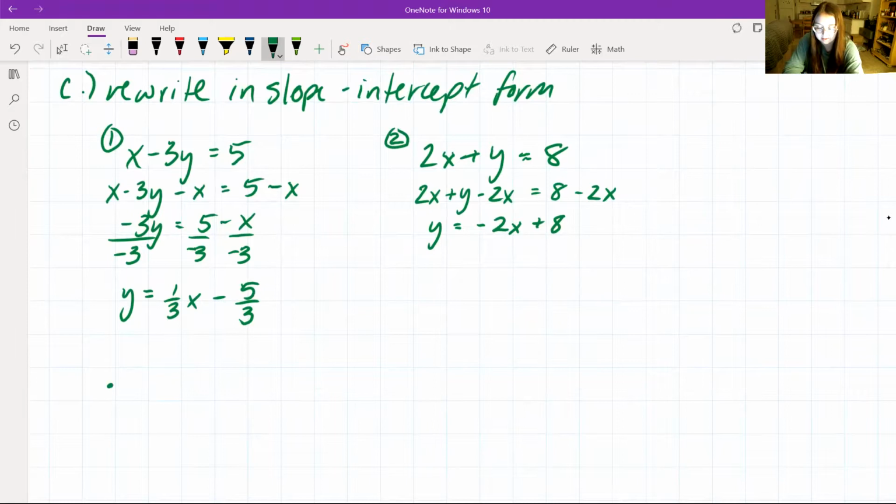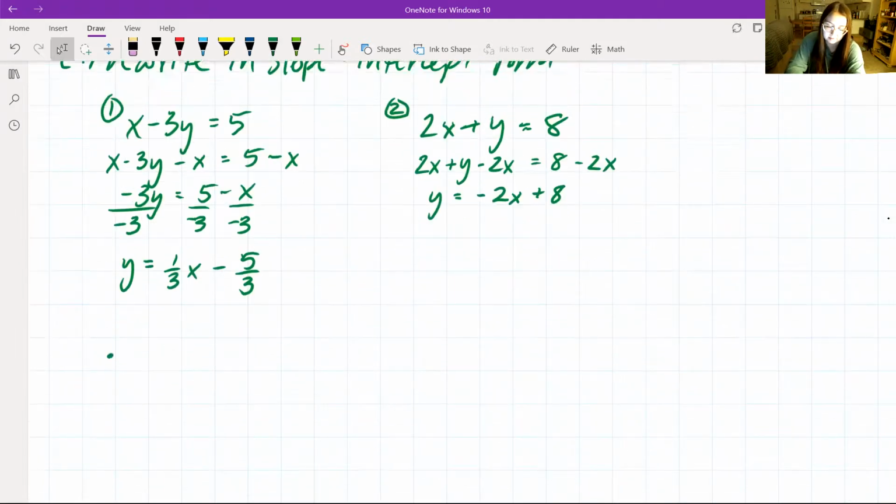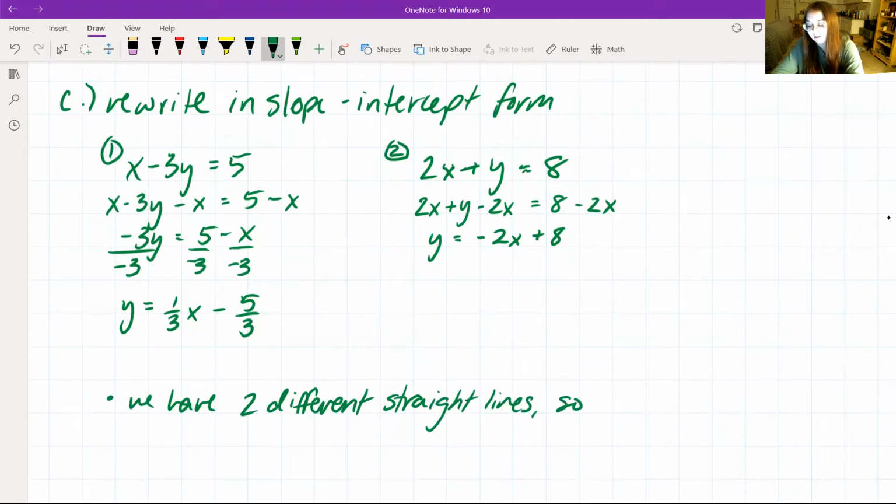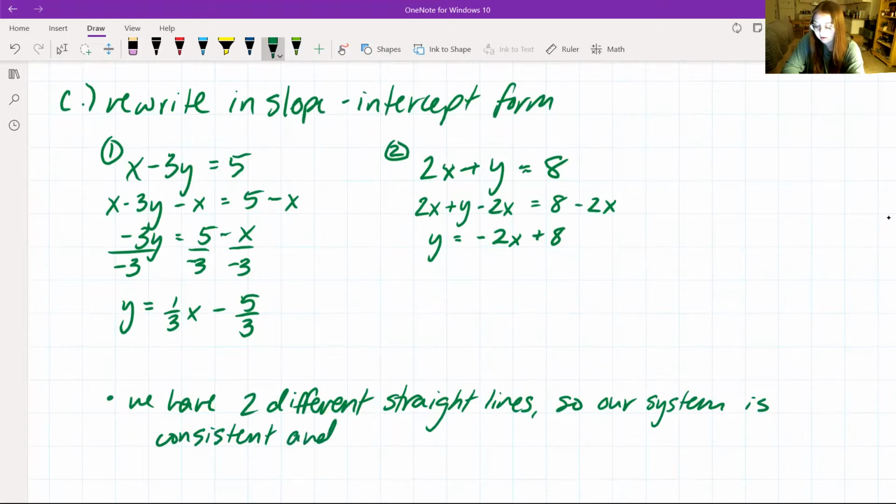So we can say we have two different straight lines, so our system is consistent and our equations are independent.